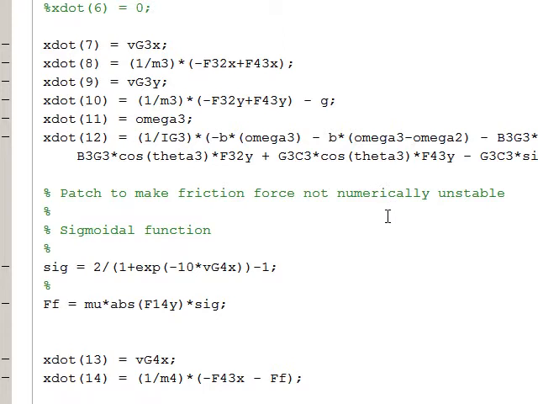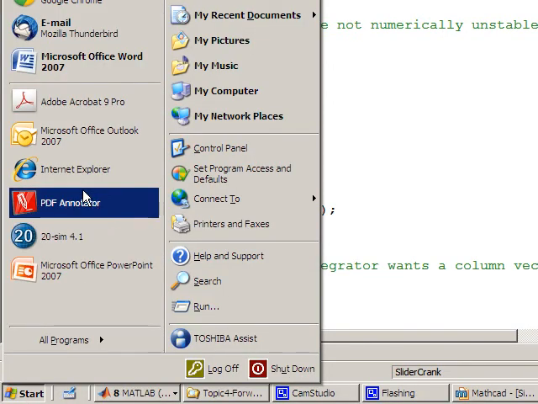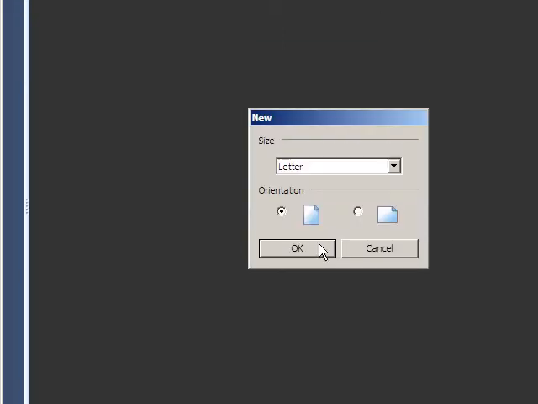The problem with using mu n is that friction force, well, what happens if I plot the Coulomb friction force, the mu n friction? The Coulomb friction assumes that the friction force doesn't depend on the velocity.